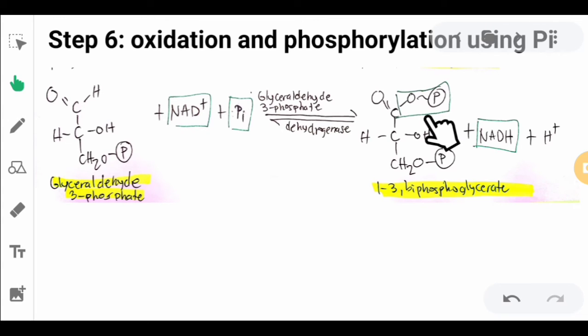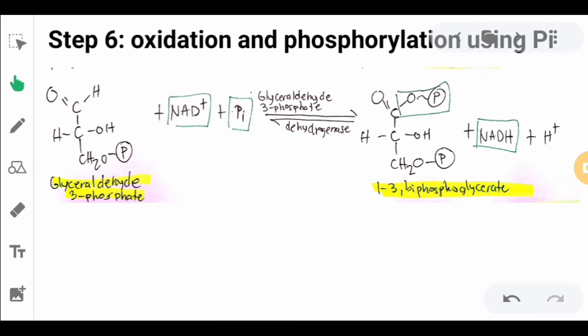So you will now have your phosphate here, and the hydrogen will be served as the reduced form of nicotinamide adenine dinucleotide, and a hydrogen ion will be produced, because this one is a reduced form, meaning to say it gained electrons. So from glyceraldehyde 3-phosphate, you now have your 1,3-bisphosphoglycerate, because you have your phosphate on carbons 1 and 3. Again, the use of bi is to indicate that the phosphates are placed on different carbons.